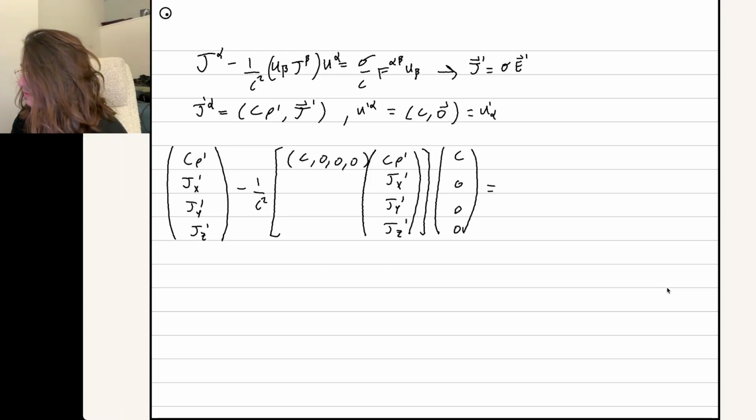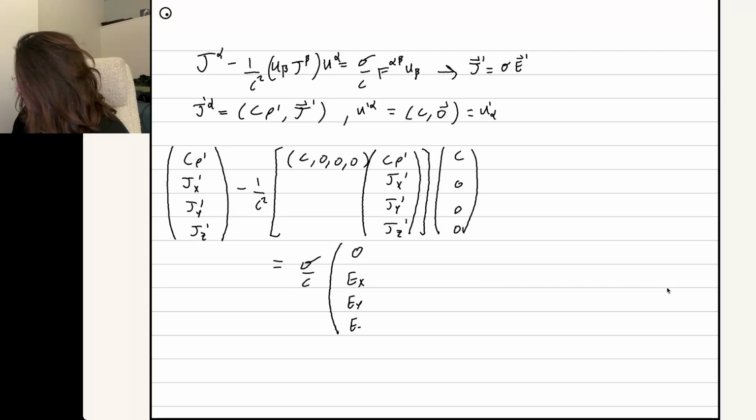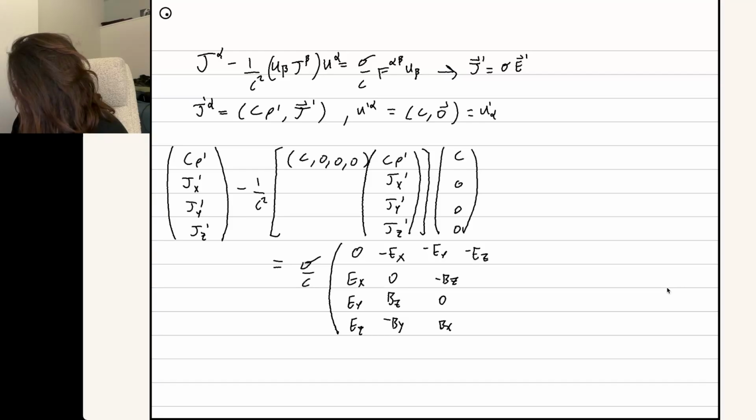But then on the other side of the equation, we have the field strength tensor times sigma over c. I'm just going to write it all out: Ex, Ey, Ez, minus Ex, 0, Bz, minus By, minus Ey, minus Bz, 0, Bx, minus Ez, By, minus Bx, 0.